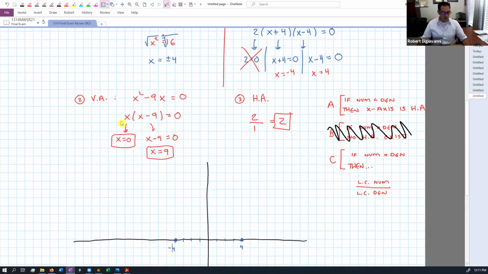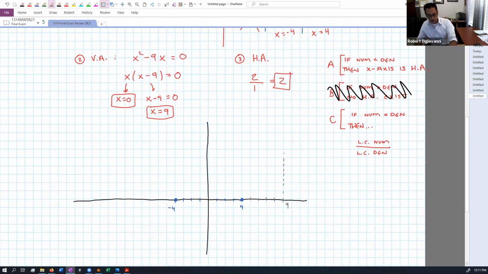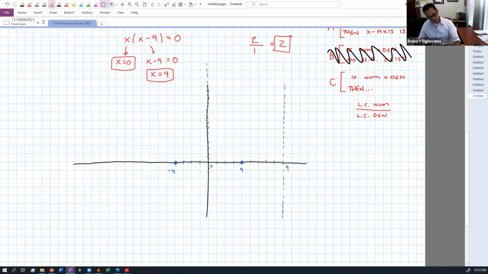Then from step 2, we have 2 vertical asymptotes at 0 and at 9. These are vertical dotted lines. 6, 7, 8, here's 9. So I'm going to draw a vertical dotted line here, vertical dotted line there, and then I have to do one at 0 also. This is where I told you it's hard to draw a dotted line on top of the y-axis, so just make little dashes.